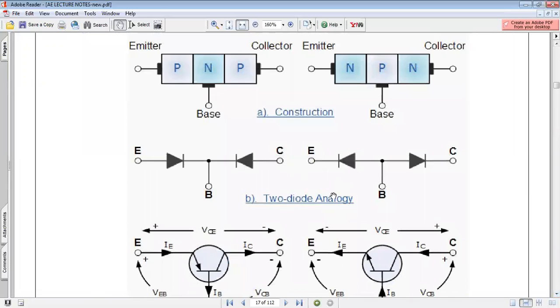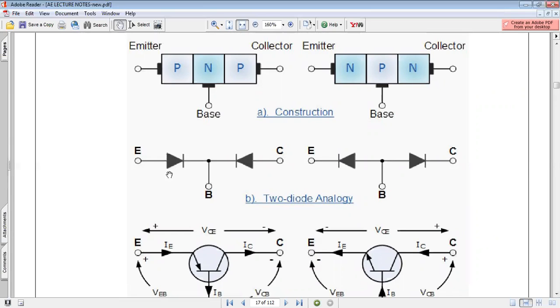Now these are the two diode analogy, or transistor as diodes connected back to back. The transistor, also called a three-layer transistor, is also indicated as two diodes connected back to back. So the transistors are of two types, PNP and NPN.